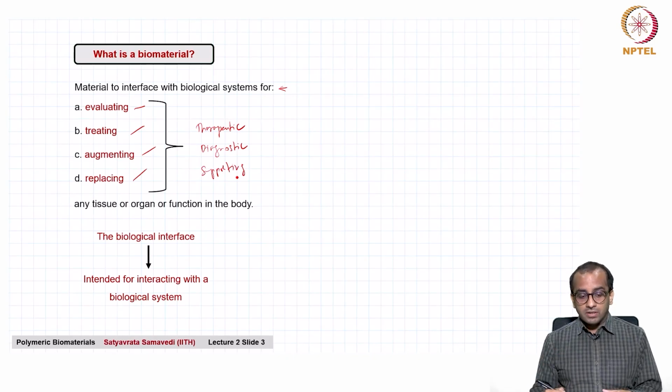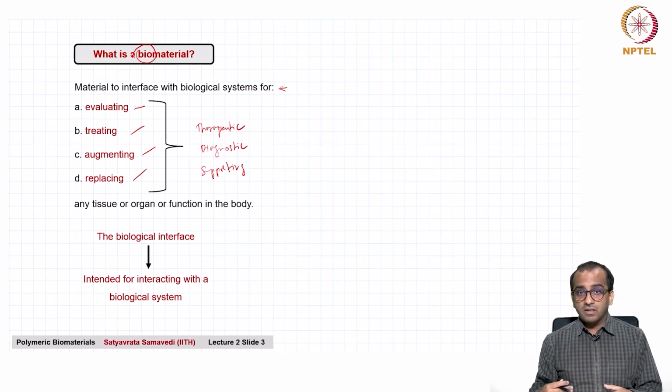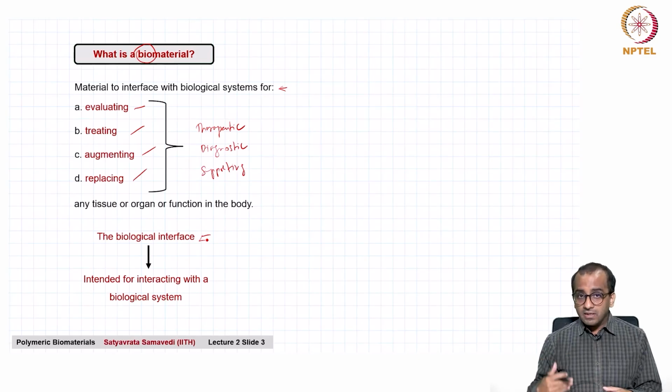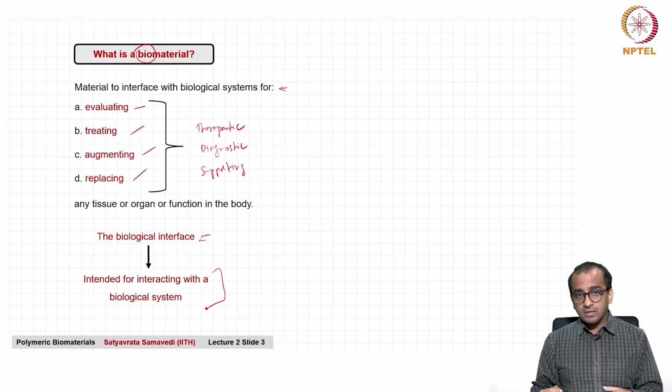One thing to note here is that the word bio in the word biomaterial itself does not necessarily indicate that the material is of biological origin. The word bio here must be interpreted in the context of the biological interface, that the material ultimately will come in contact with the biological interface or a host or cells or tissues, and that it is meant for interacting with a biological system.